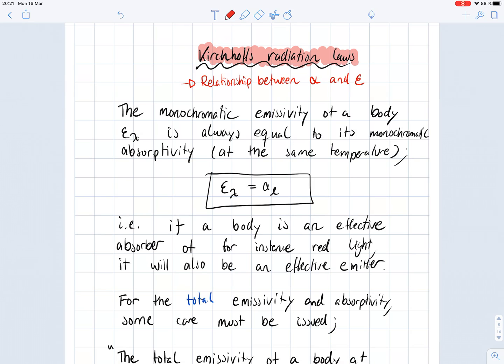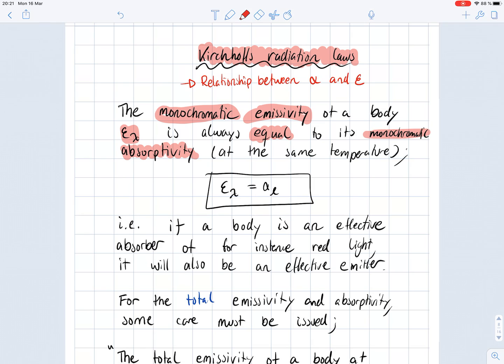We start with the so-called monochromatic formulation, and that tells us that the monochromatic emissivity of a body, we call that epsilon lambda, so it's for a specific wavelength, is always equal to the monochromatic absorptivity at the same temperature.